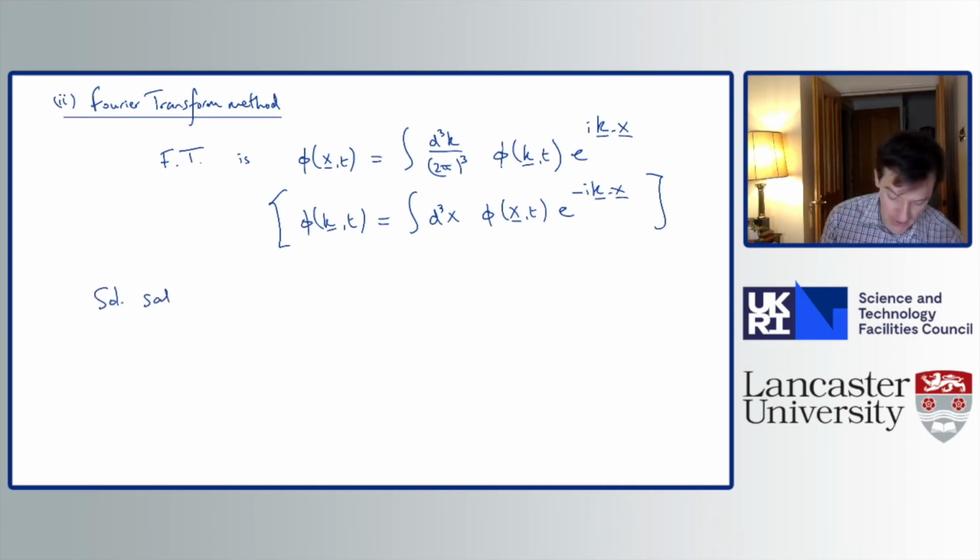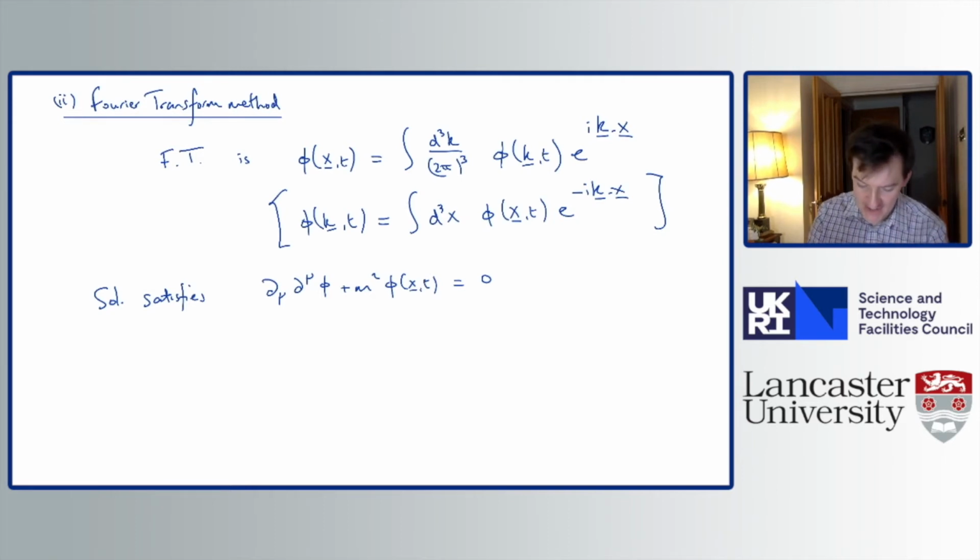We know that any solution must satisfy this Klein-Gordon equation. To remind you, these are for the field with x and t, so it should have an x and t here as well. We're going to find it useful to use the form where we break up space and time pieces.